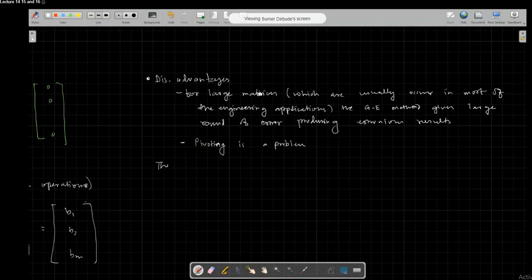Therefore, the Gauss elimination method is rarely used for a general CFD solver.